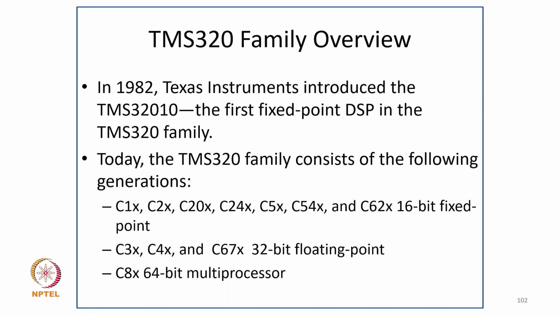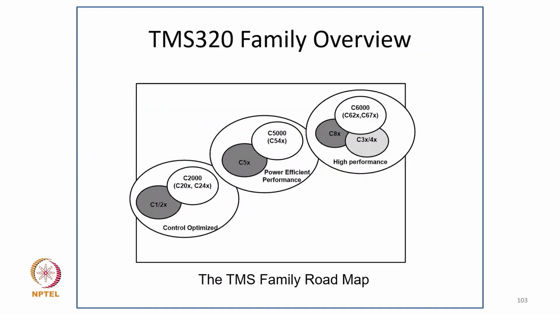In 1982, Texas Instruments introduced the TMS320C1X, the first fixed point DSP in the TMS320 family, and today the TMS320 family consists of the following generations: C1X, C2X, C3X, C20X, C24X, C5X, C54X, and C62X as 16-bit fixed point, C3X, C4X, and C67X as 32-bit floating point, and C8X as 16-bit multiprocessor.